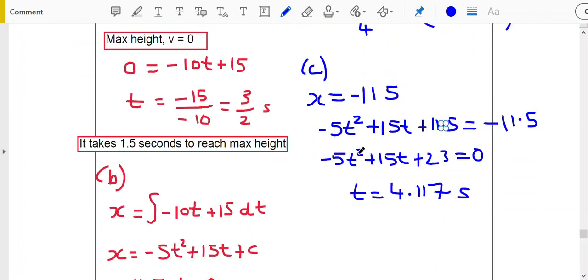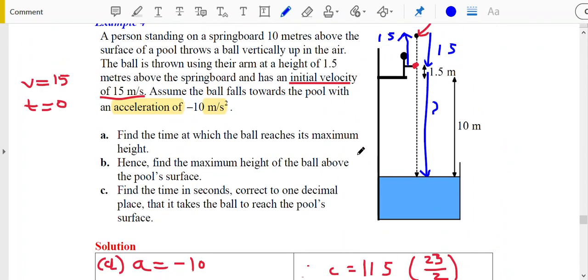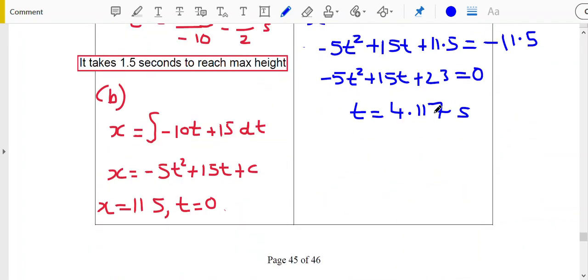So we can now answer the question, which is find the time it takes in seconds for the ball to reach the pool surface. Okay. So we've got 1.5 plus 1.5 plus the 4.117. So total time t equals 1.5 plus 1.5 plus 4.117.